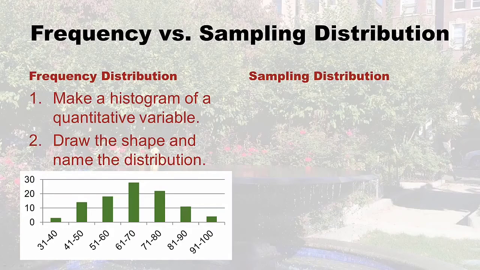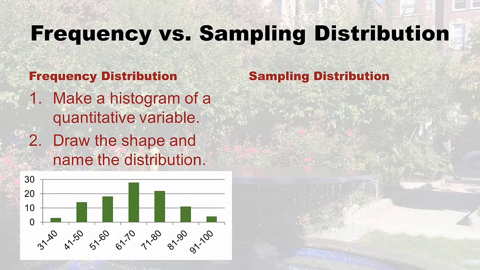And here I made an example down there of a frequency histogram that shows a normal distribution. And so step 2 would be you draw it, and then you'd see the shape and figure out what the distribution was of that quantitative variable or that x, okay?